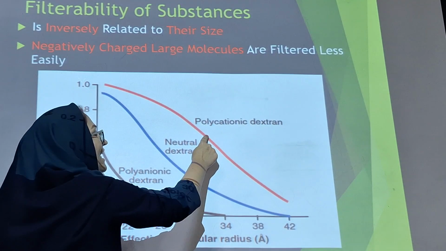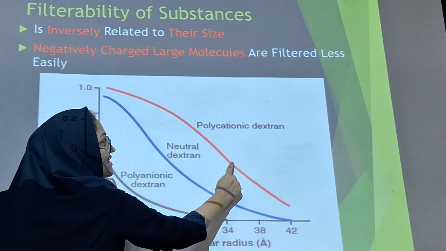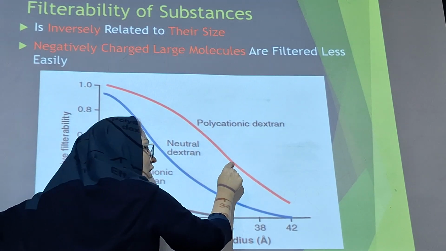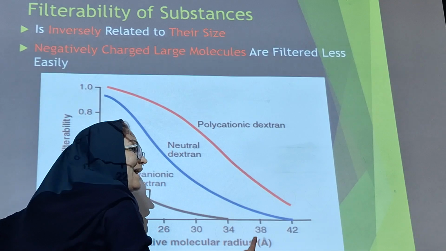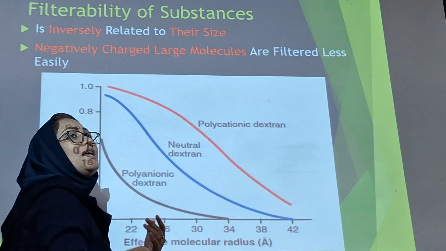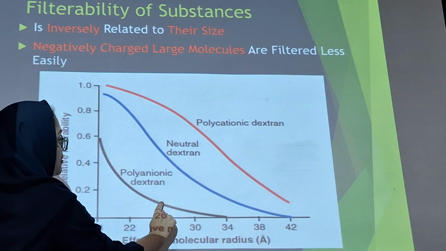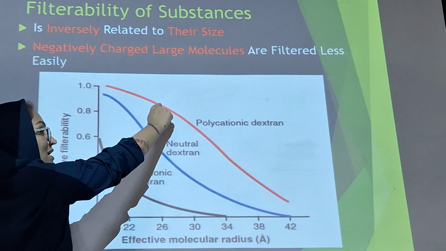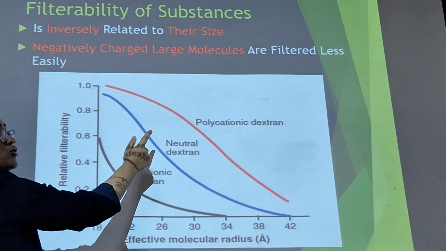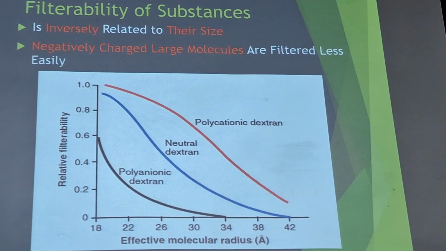But at any given size, for example at this size, polycationic dextran with positive charges has more filterability than neutral molecules. Got it? Yes. No question?